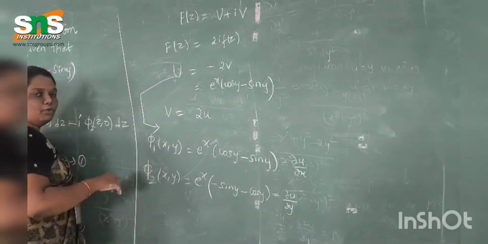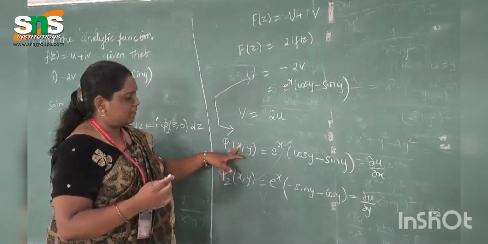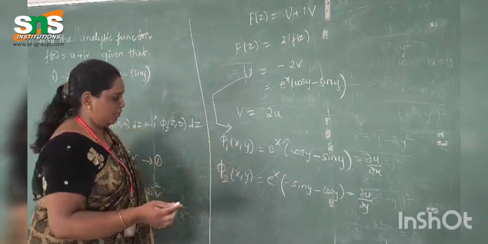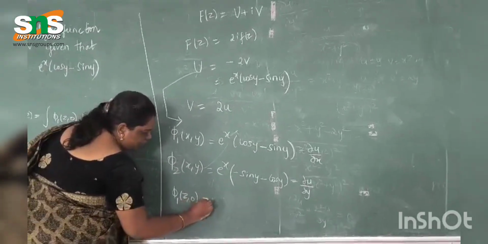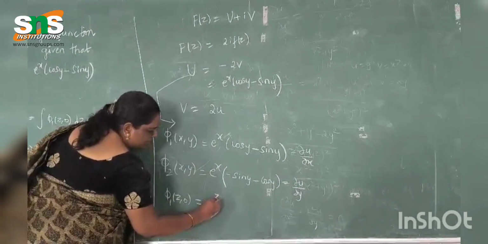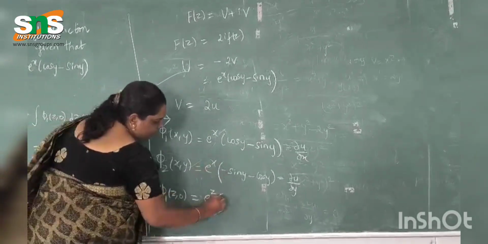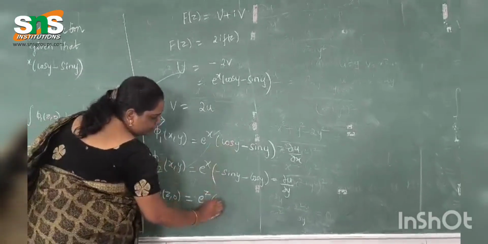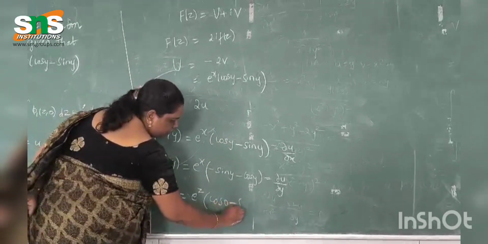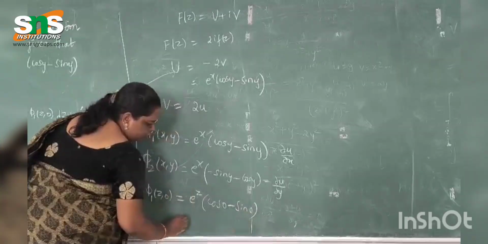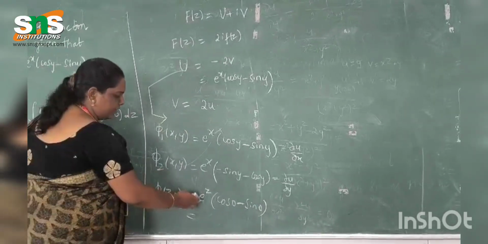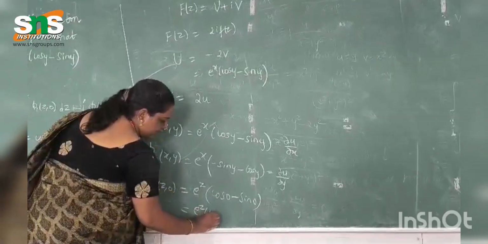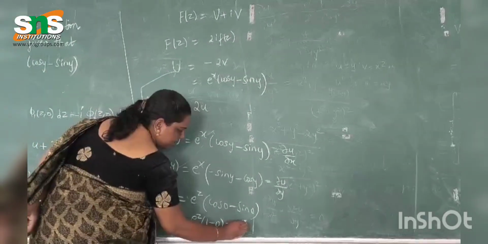Now we substitute the values x equal to z and y equal to 0 here. So we get phi 1 of z comma 0 equal to e power z into, instead of y we put 0, so cos 0 minus sin 0. We know the value of cos 0 is 1 and sin 0 is 0. So we get e power z into 1 minus 0, which is nothing but e power z.